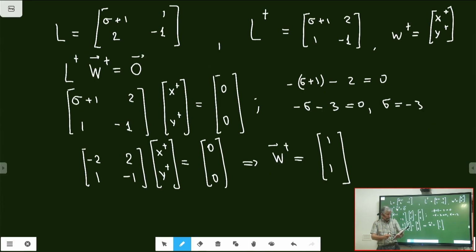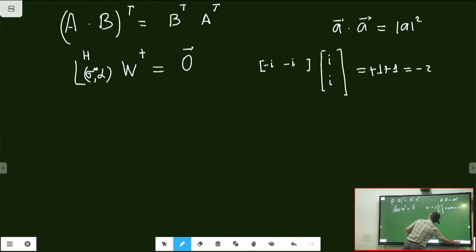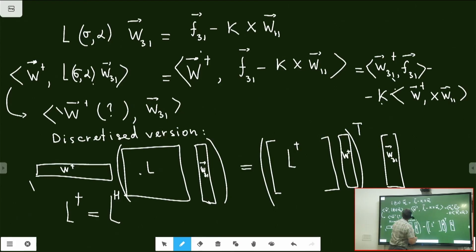Okay? So here we go. So remember, the goal is to get rid of the left-hand side. So left-hand side is gone.